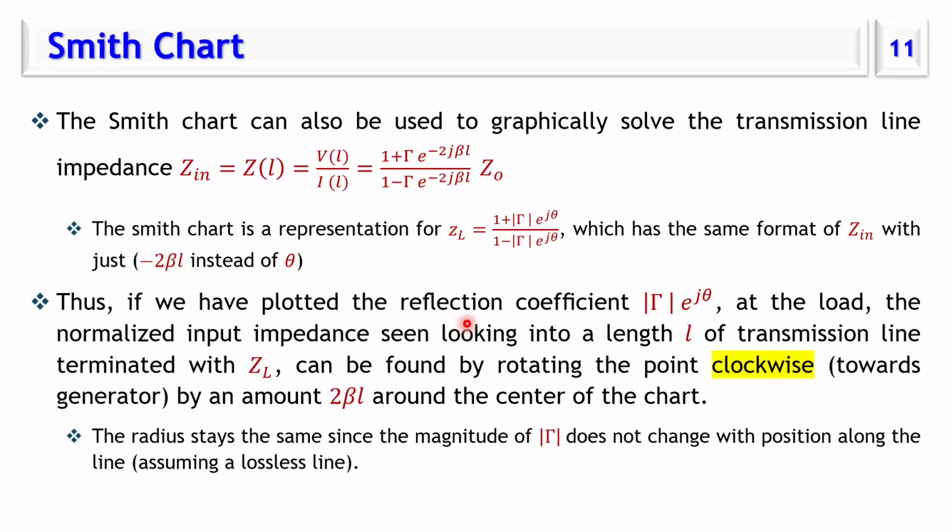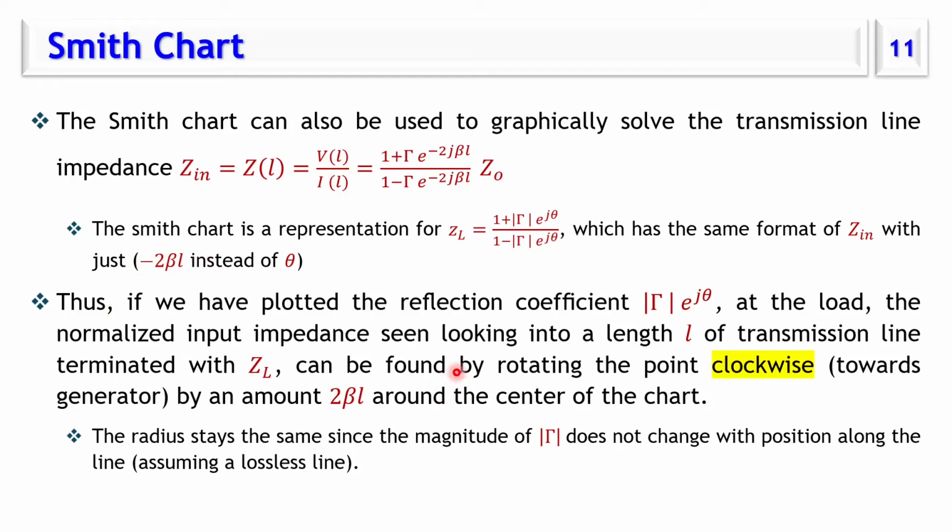We know that the magnitude of the reflection coefficient on a lossless transmission line, at any point on the line, is of constant magnitude. We just proved this. So if we want to find Z input, what we can do is come to the reflection coefficient and add a certain angle to it.